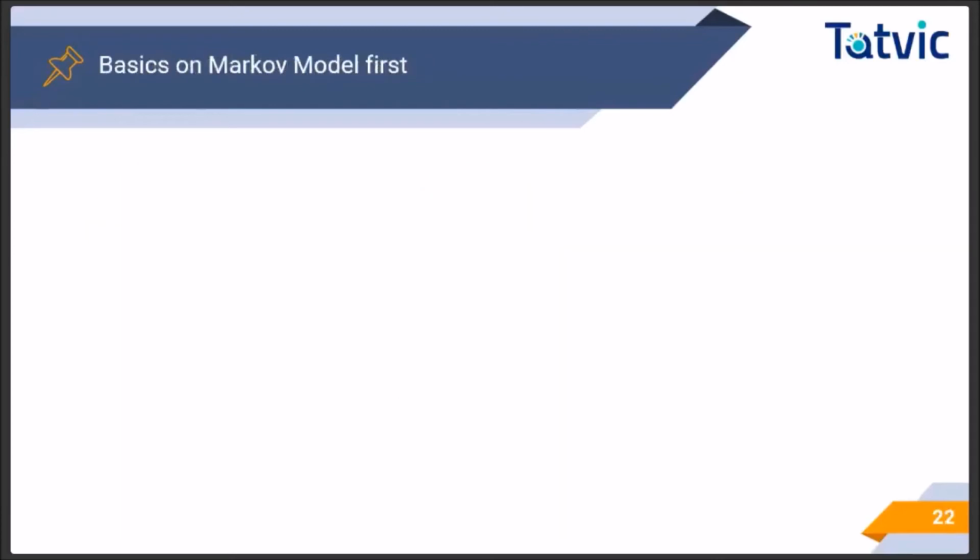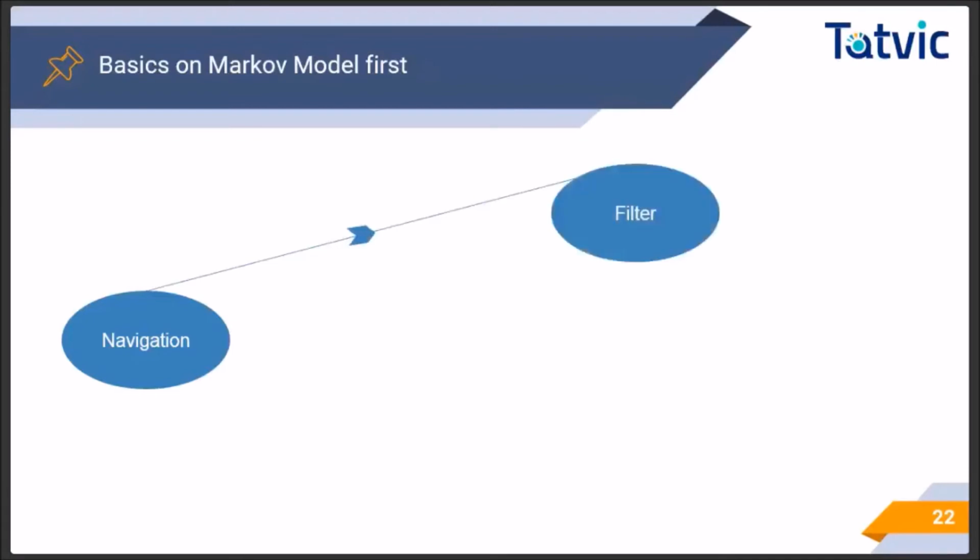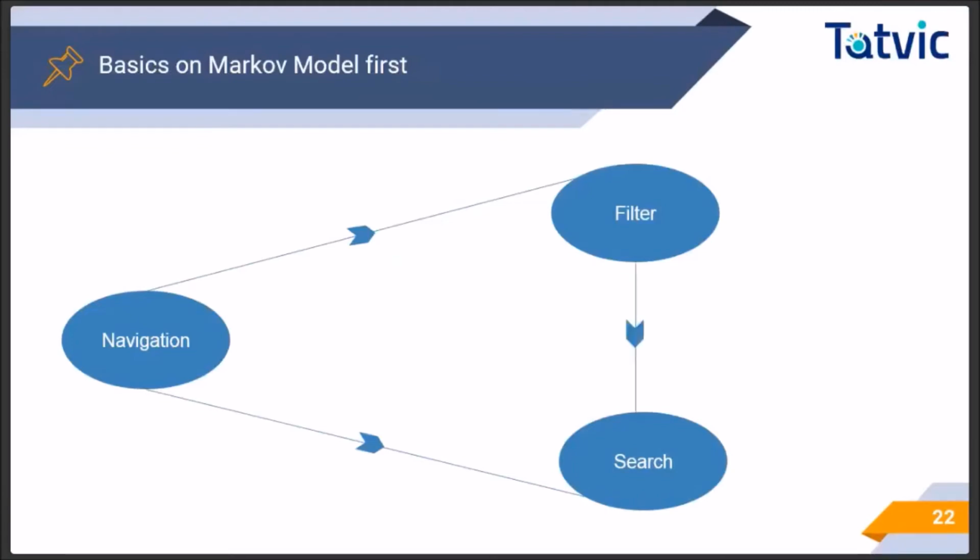So I think I told you about the Markov model. I'll just try to give some basics, because some might be new to this term. Let's say there are three features. One is navigation, one is filter, one is search. There is a chance that people come from navigation to filter, a probability that users can come from navigation to search, and from filter to search.